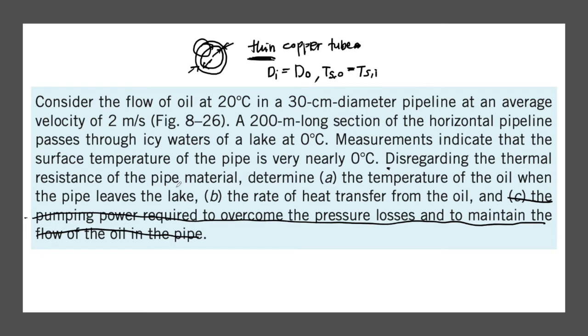So this means that the pipe material is thin, or the thickness of that tube can be neglected, and the conduction process will be neglected at that point. When the question states that, therefore you can also assume that T surface out is equivalent to T surface in.